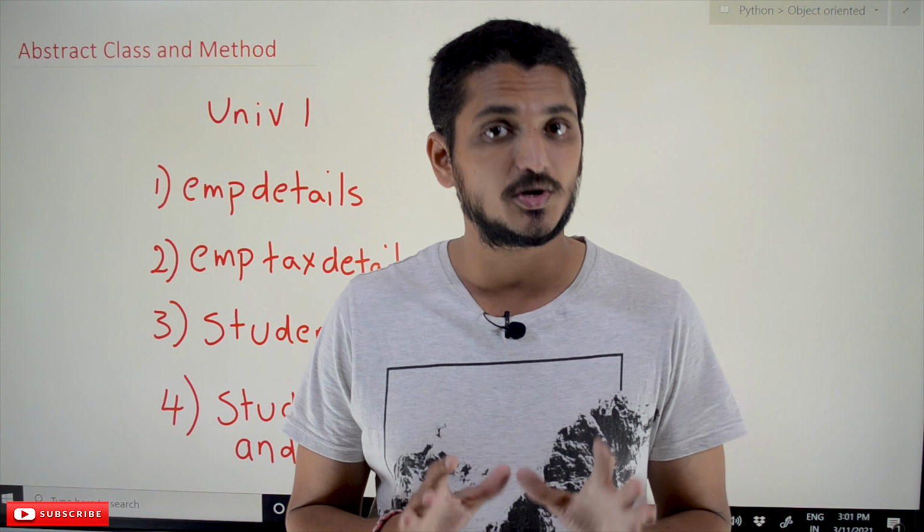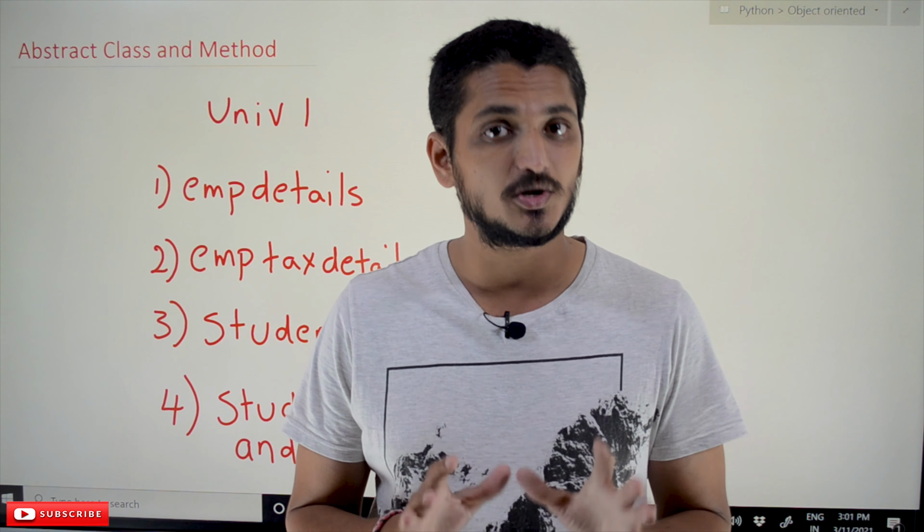This type of method we call an abstract method, because University 1 has different logic and University 2 has different logic, and this is a compulsory method. This second point is very important. This is a compulsory method in any university, not only University 1 and University 2. In any university, student marks and grades should be maintained, and different universities have different logics.